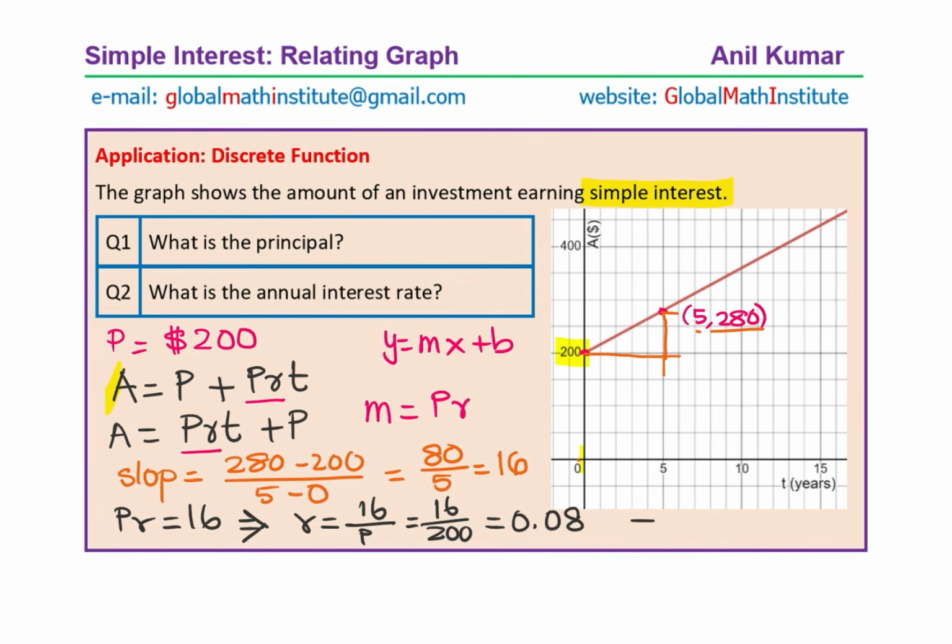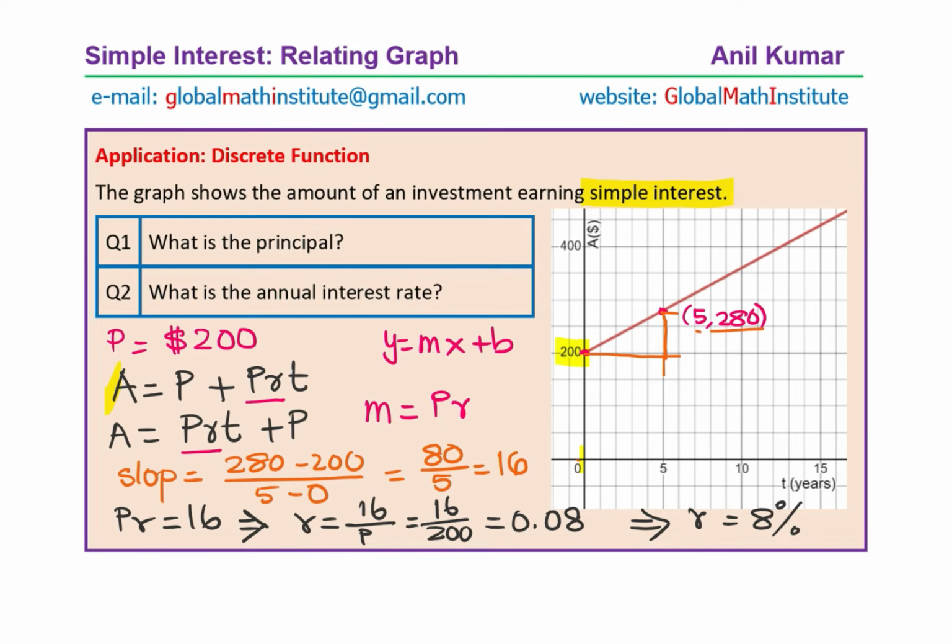Which means the interest rate is 8%. So the decimal equivalent is 0.08 and the percentage equivalent is 8%. You get the idea. So the gradient actually gives you the interest earned on the investment principal amount. That is how you relate them.